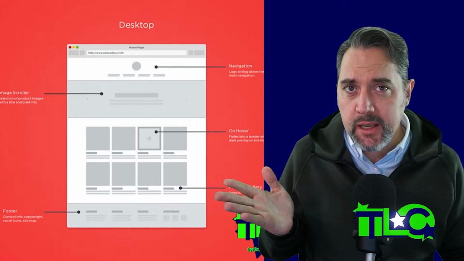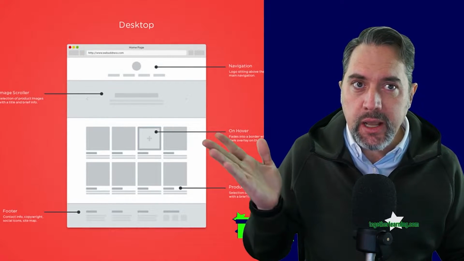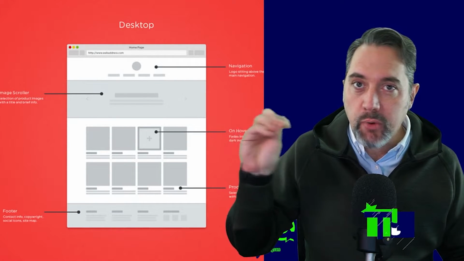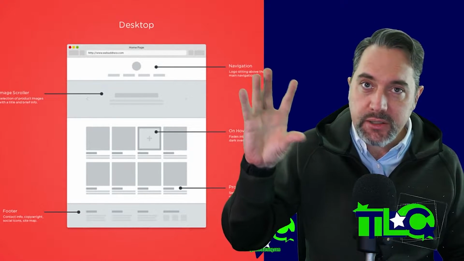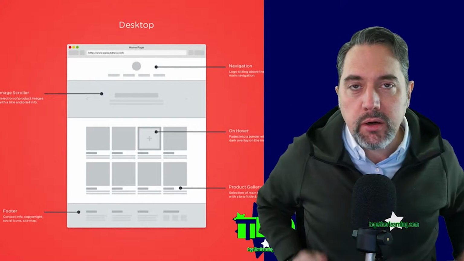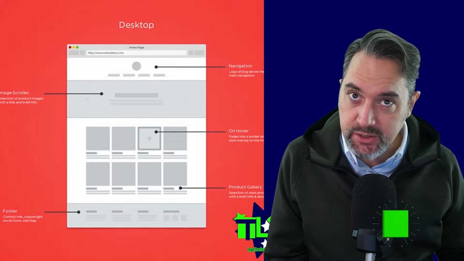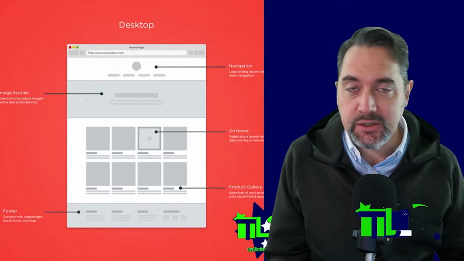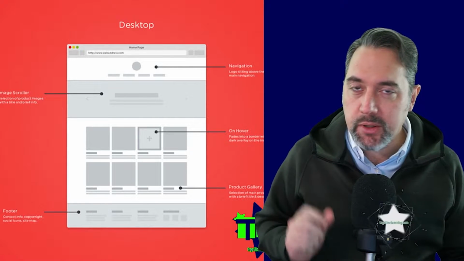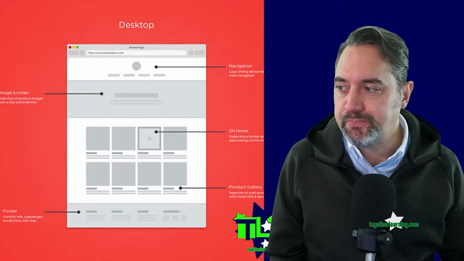We'll talk about that in another section, another video, but how information is laid out on the page, how things are arranged as far as what's on top, what's on the sides, if you make the screen bigger or smaller. Navigation changes depending on the layout and the size of the screen, but it's not necessarily the same thing. We'll talk about that also in this video as well.